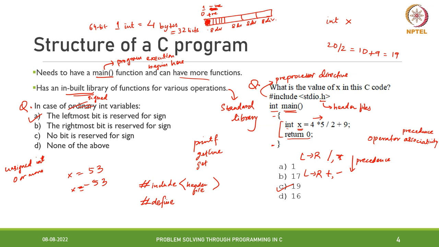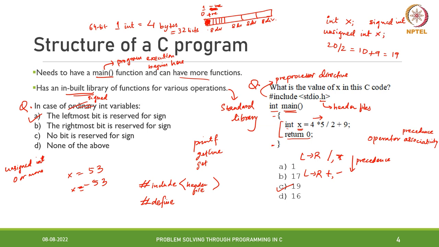Okay, thank you. So basically, if I define something like int x, this is a signed integer. By default, C considers it as a signed integer. If I want to define an unsigned integer, I have to write particularly unsigned int x.